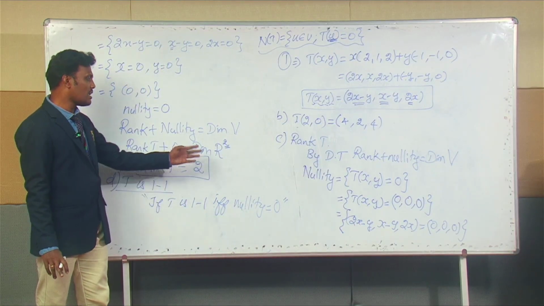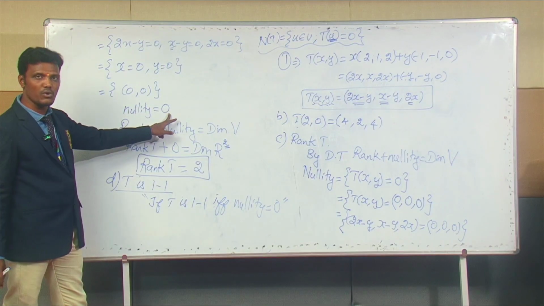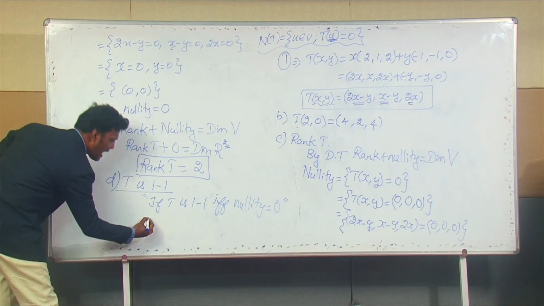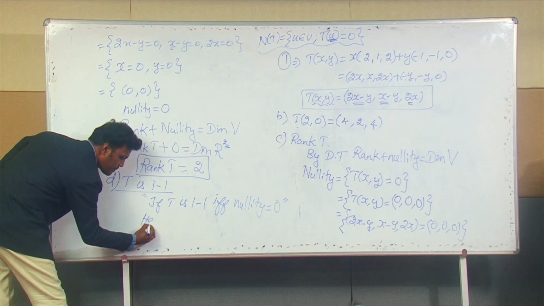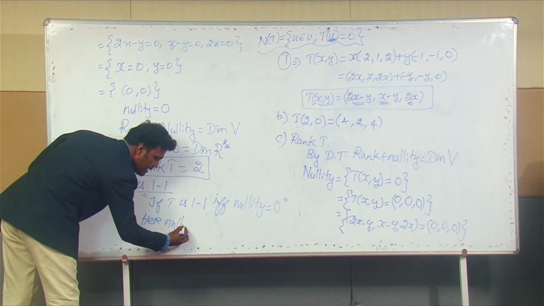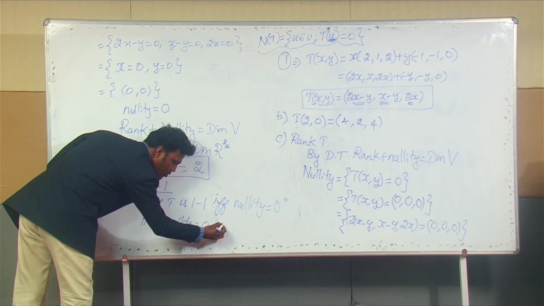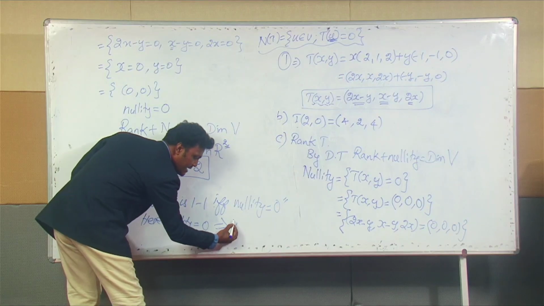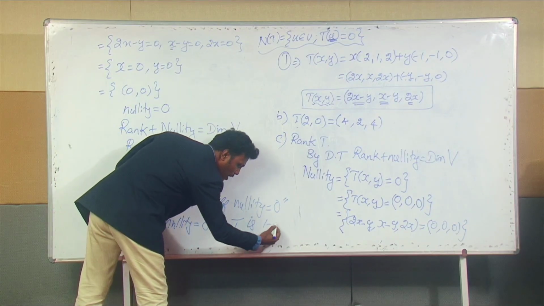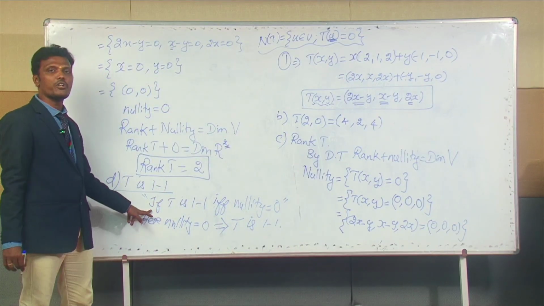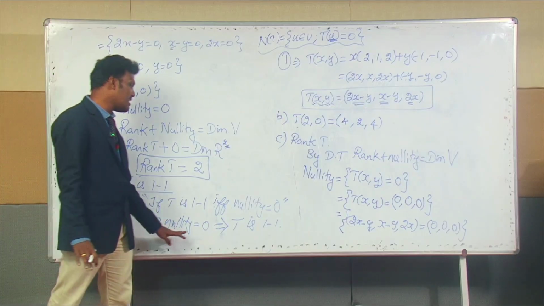If the nullity value is 0, then you can say directly T is 1 to 1. See, in our question, the nullity is 0. So you can express directly here, nullity equal to 0, the linear transformation T is 1 to 1. So using the single quote, you can directly say T is 1 to 1.